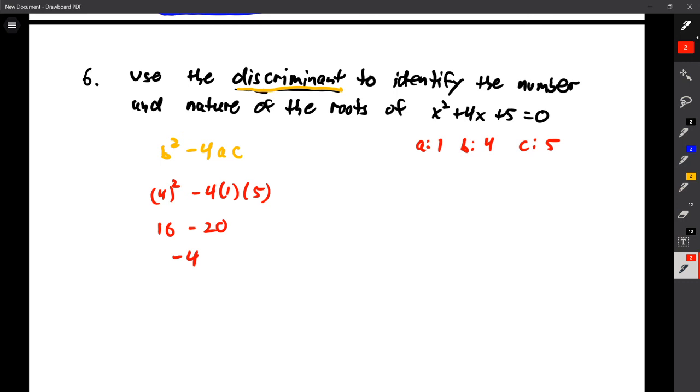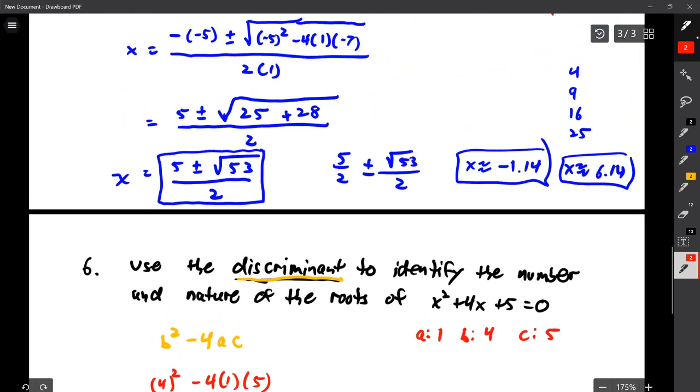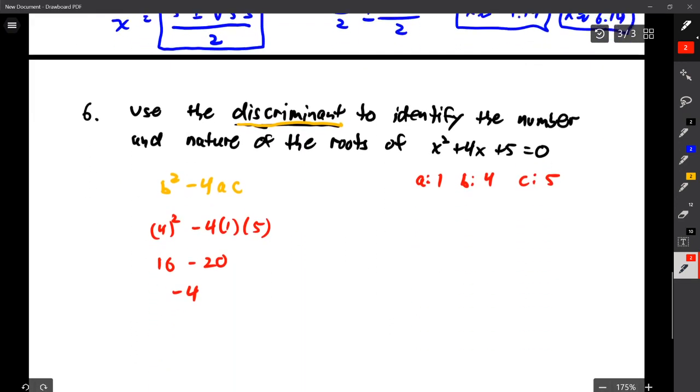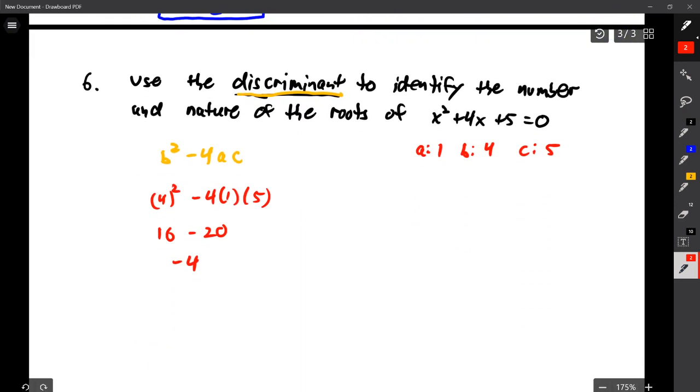So what does that mean? What does that tell us? Well, the discriminant, b squared minus 4ac, is what's inside the square root. So if I scroll back up to my quadratic formula, a square root of a negative number gives us imaginary values. You'll learn more about that later.